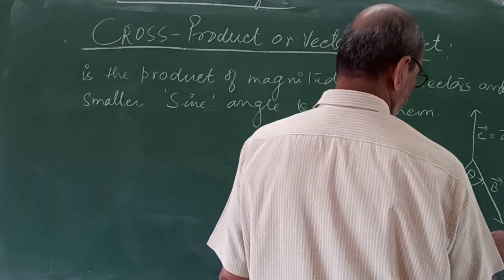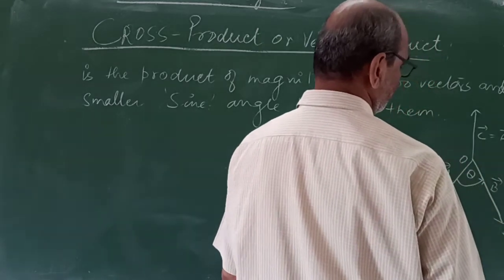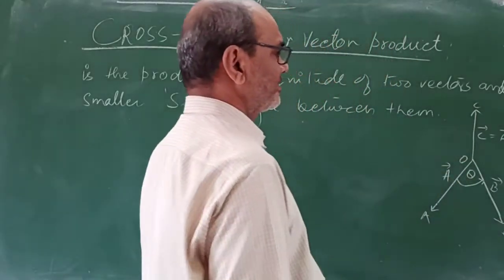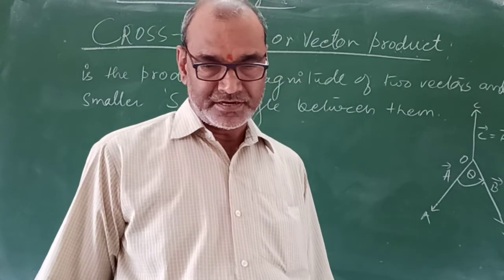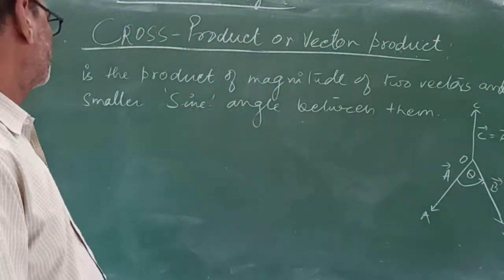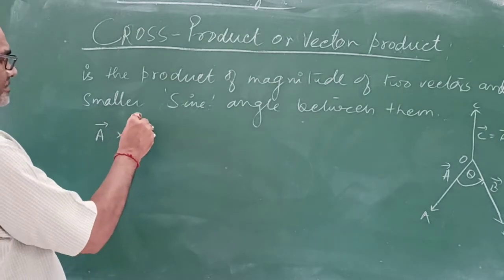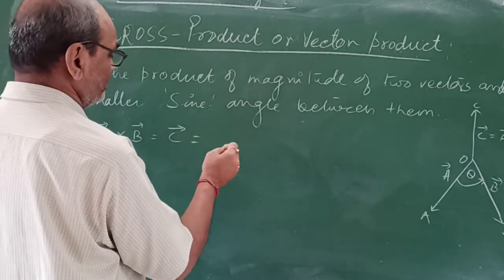C is represented by line OA, vector A, OB, vector B, OC, vector C. And that vector C is the resultant. Is it or not? Therefore, we can write A cross B is equal to vector C, the resultant vector C.